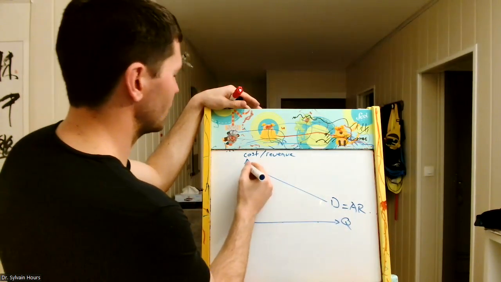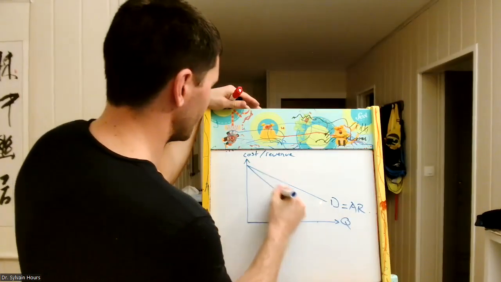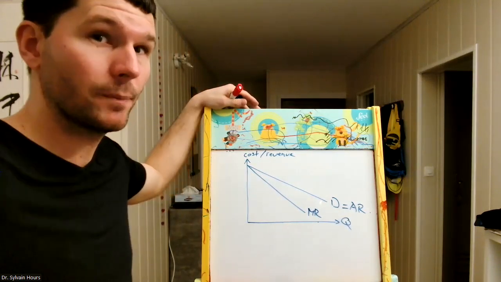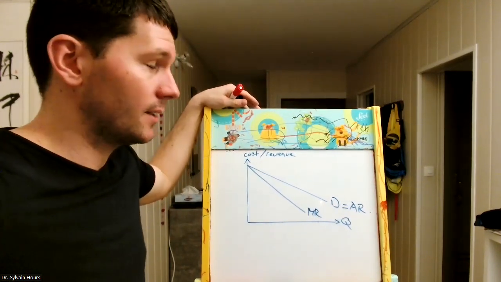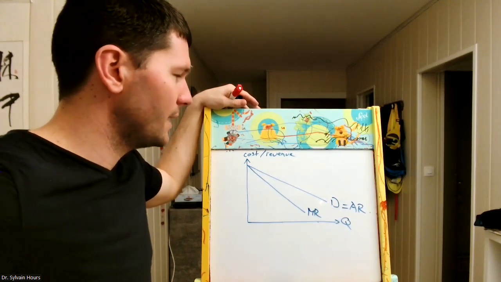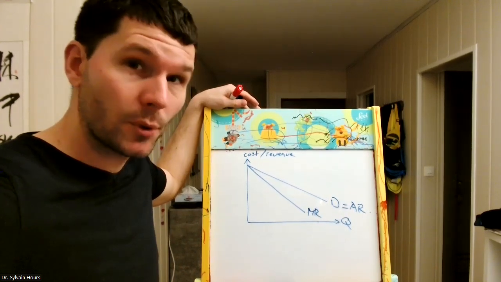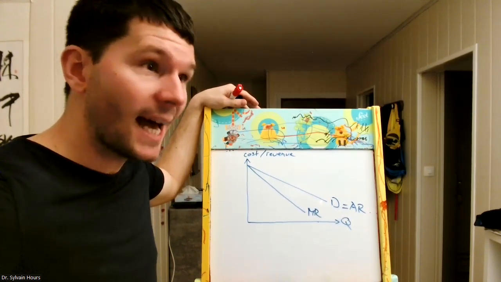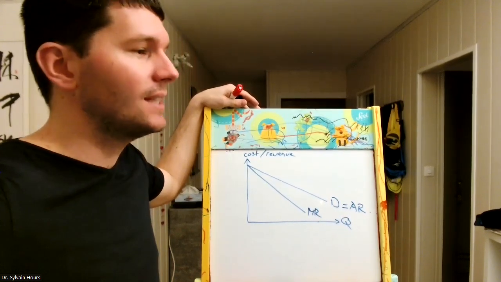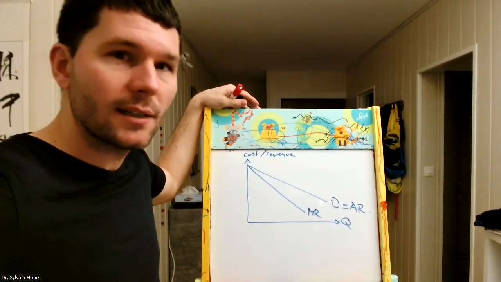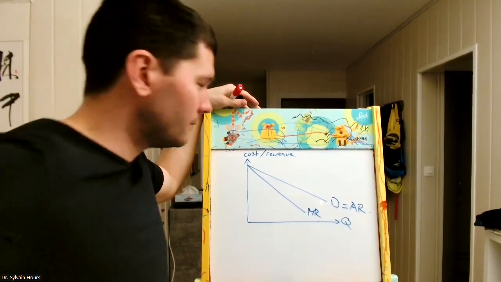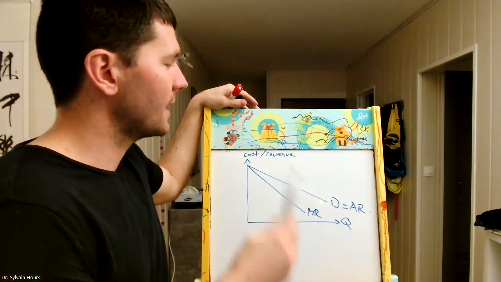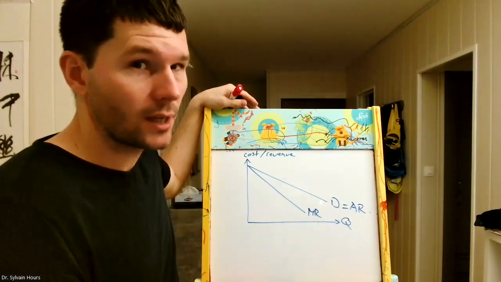Now, what is quite interesting is to understand that the marginal revenue in that case is going to be different than the average revenue. I'm not going to explain that in too much detail, but basically the reason is that unlike perfect competition, where I could sell as many units as I wanted at the market price, so I did not need to reduce the price to sell more units, in a monopoly the only way in which the monopolist can sell more output is by cutting the price.